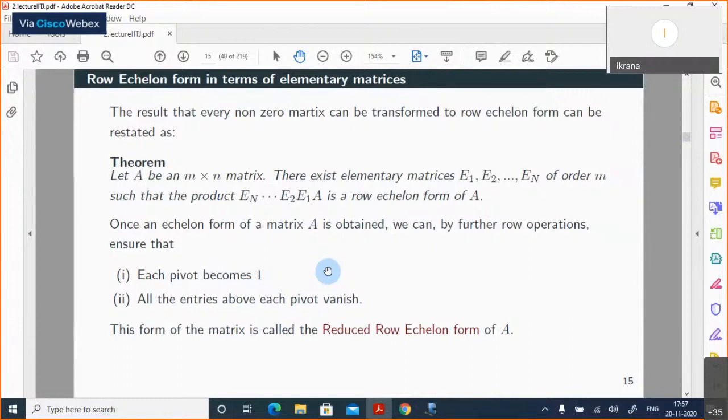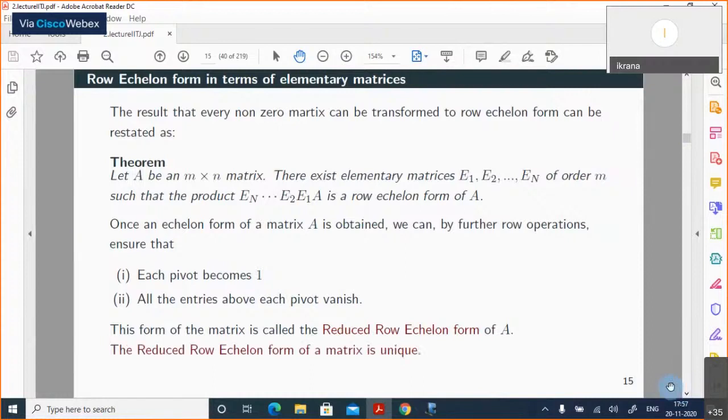Everything else will be equal to 0. If we do that on a row echelon form, the matrix that we obtain is called the reduced row echelon form. So the row echelon form is further reduced to a special form where the pivots are made 1 and everything else in that column is made equal to 0.